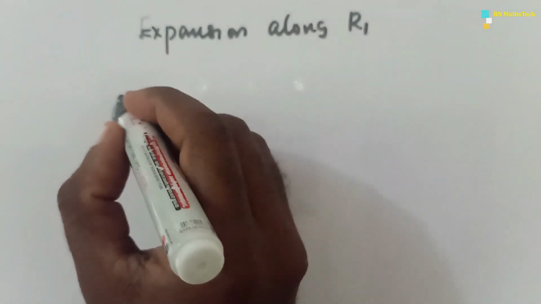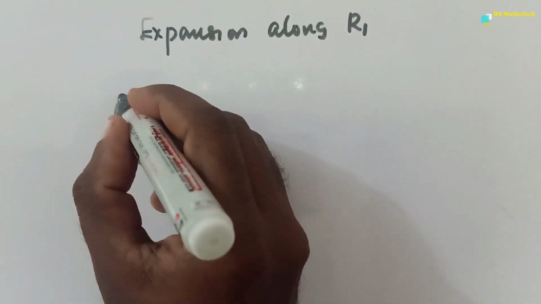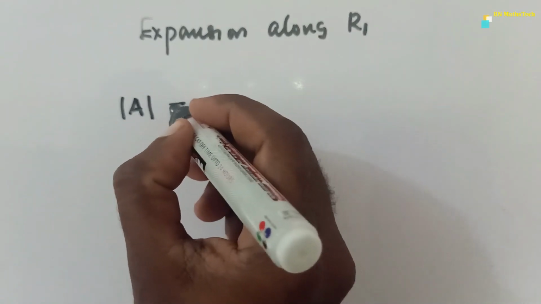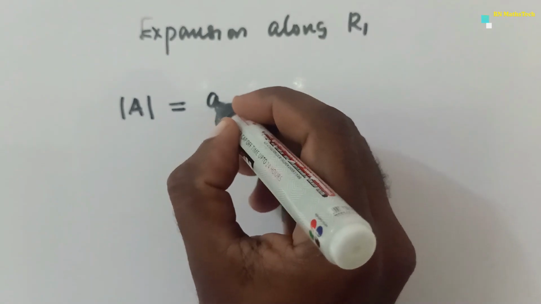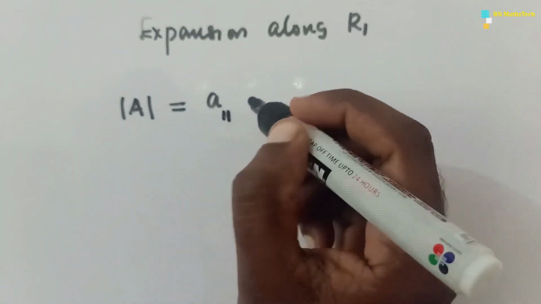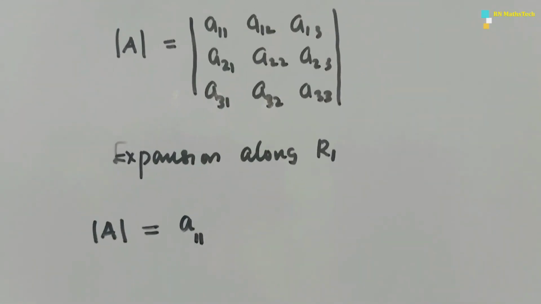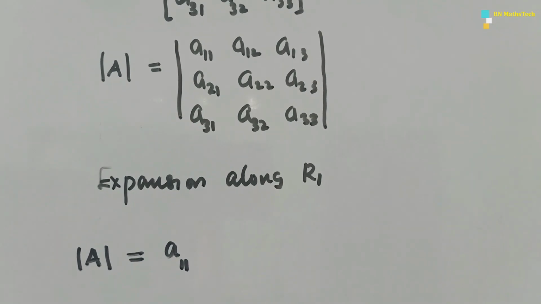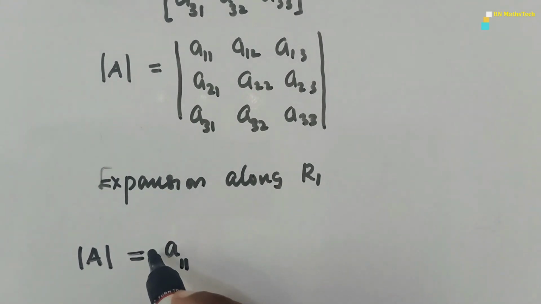How will you expand this determinant? Determinant of A is equal to A11 into. See, here A11 has a positive sign. The sign of A11 depends on the suffix 1 and 1.